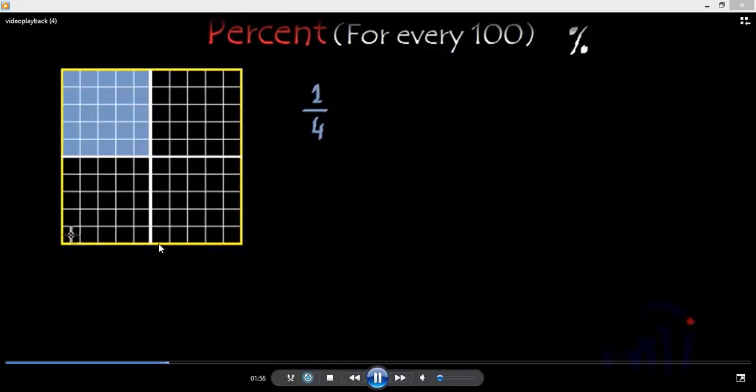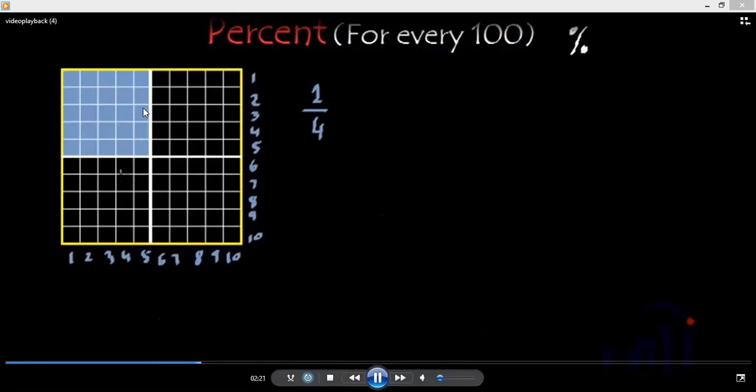Now I have the length and I have the width. Then we can count together here how many we have. 1, 2, 3, 4, 5, 6, 7, 8, 9, 10. And then in the height also 1, 2, 3, 4, 5, 6, 7, 8, 9, and 10.